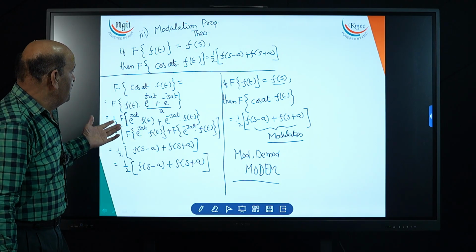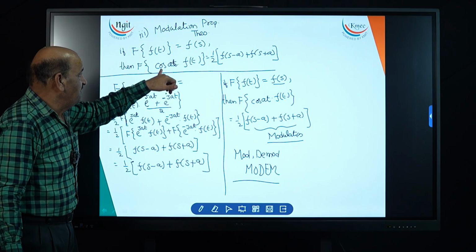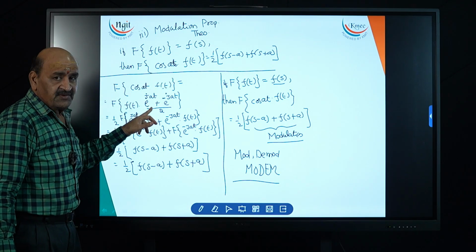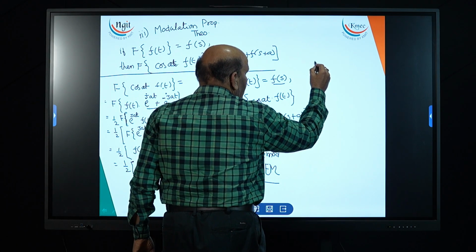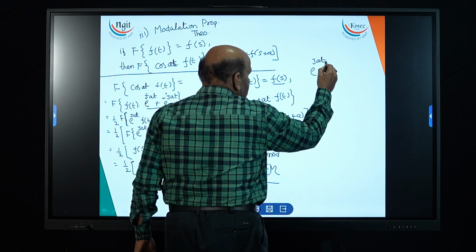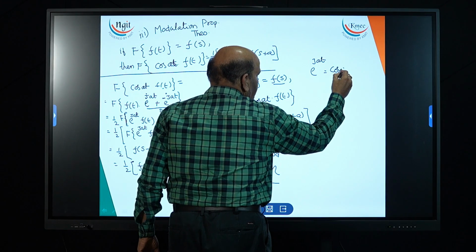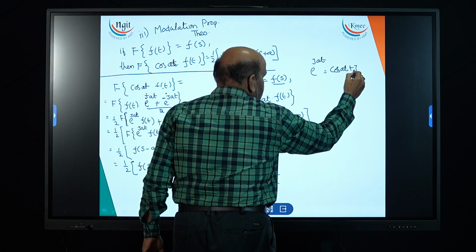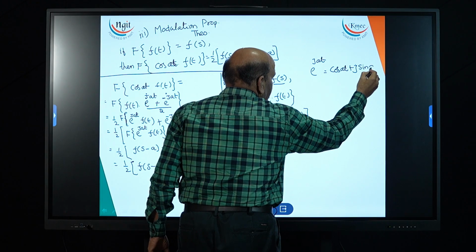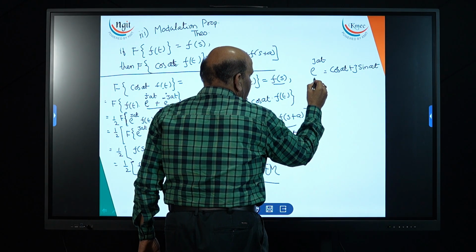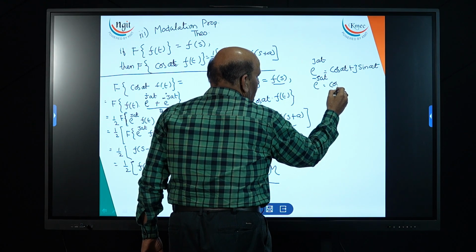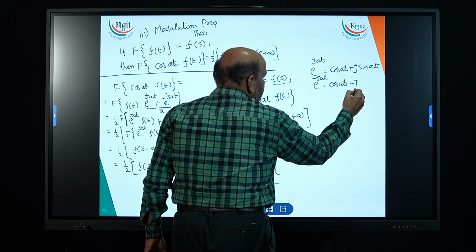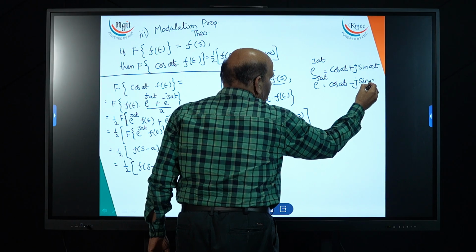Very easy. Students just have to split the value of cos at like this, based on Euler's formula. e power j at has the value cos at plus j sin at. e power minus j at has the value cos at minus j sin at.